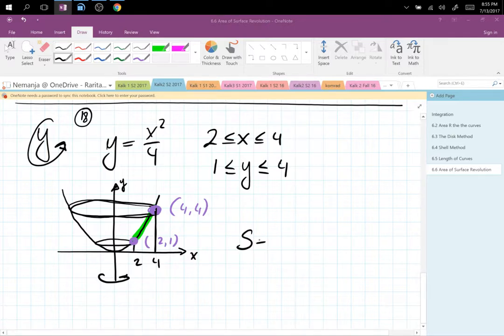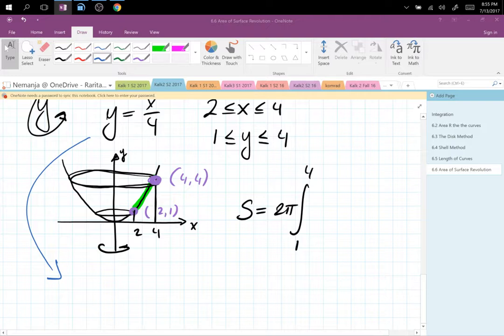So now S is equal to 2 pi, integral goes from 1 to 4, and we have the function. Now we have to flip the function, and as you can see from the graph, once we flip this function, we get x squared is equal to 4y, and then x is equal to plus minus the square root of 4y.